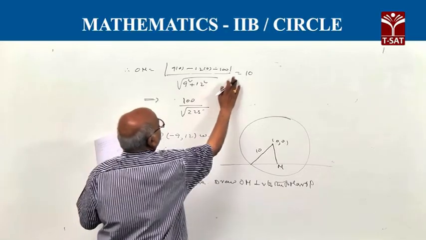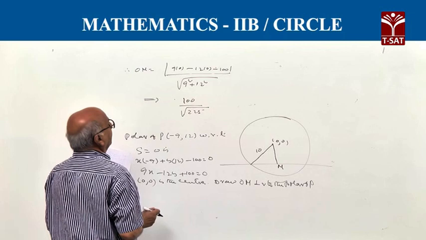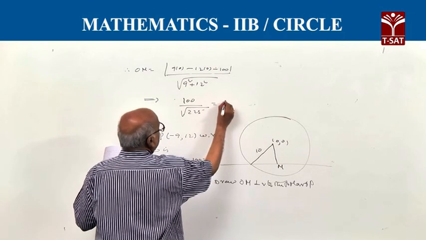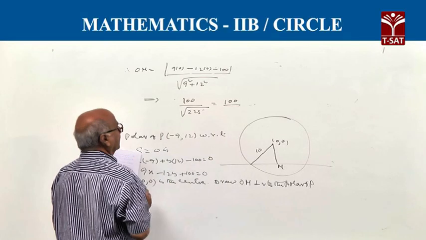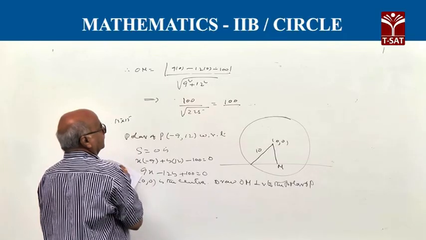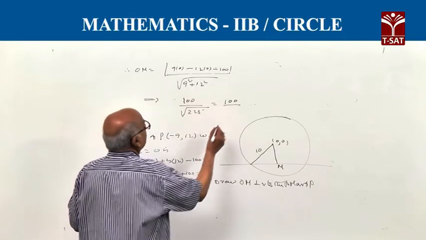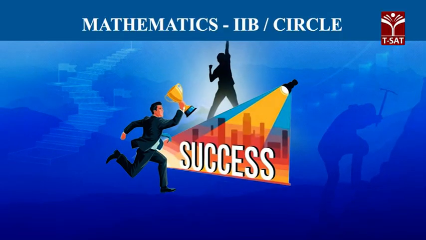So, it is 100 by root 225, which is 100 by 15, since 225 is 15 square. So, 15 square means it is 15. Length of the chord.